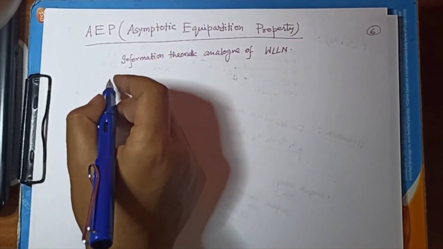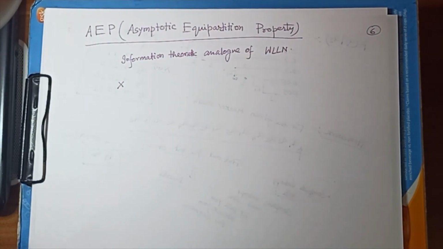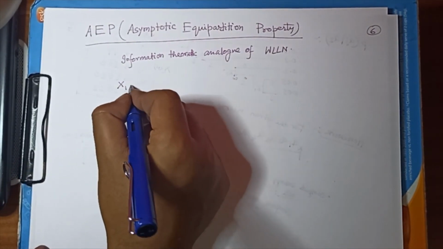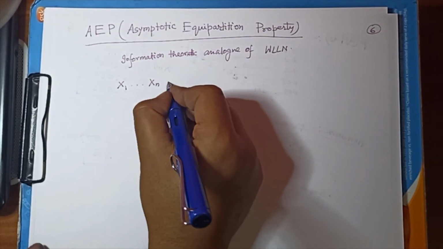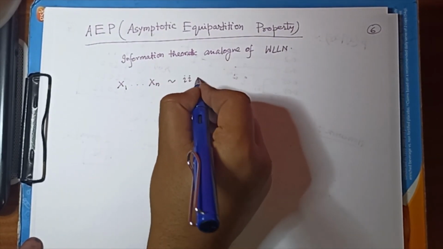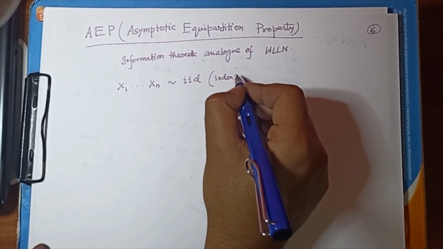Quickly. Suppose you have a random variable x, and you have some random variables x1 to xn, n different random variables, and all are IID. IID means independent and identically distributed.